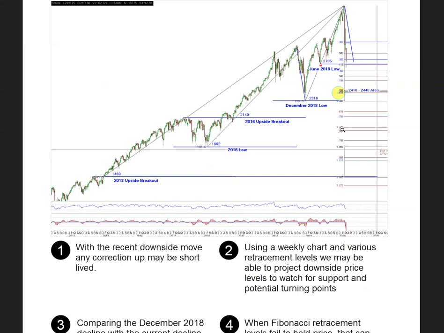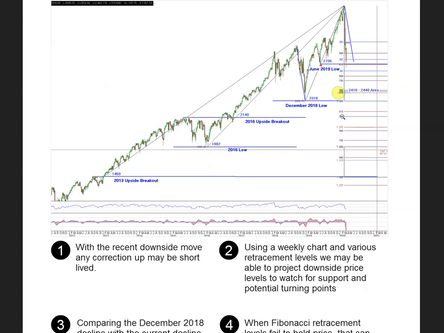There's an 886 clustered with it, and we're close to that 2016 upside breakout. These might be areas as well to watch to the downside. Before this 127 here, you can see there's a 0.618 and 0.786 retracement coming in using the 2016 low up to the 2020 high. That's where I'm getting that retracement from.